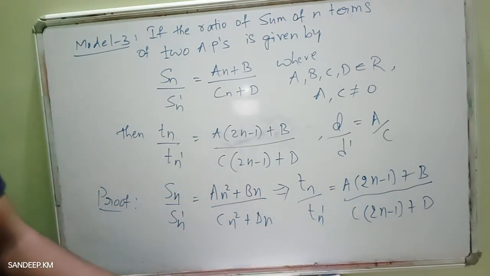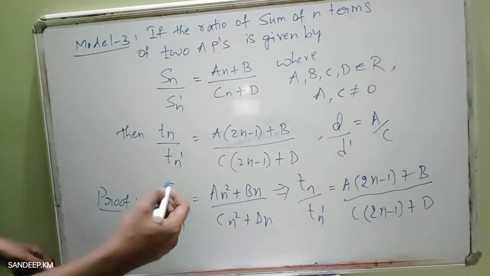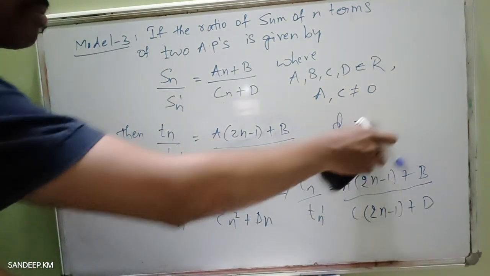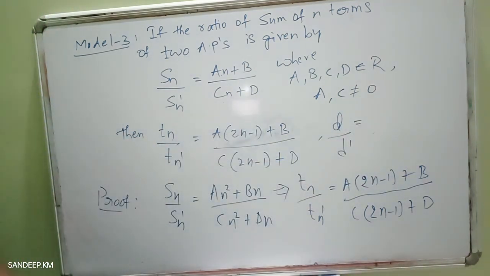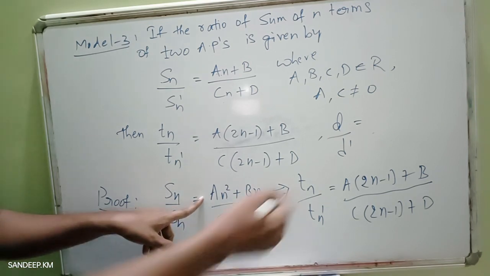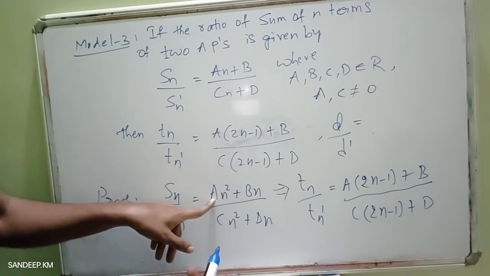Moreover, dear students, you already know how to take the common difference if Sn is given or Tn is given, right? So in that case, what is d by d dash? If I look at Sn, the common difference is 2 times the coefficient of n square.